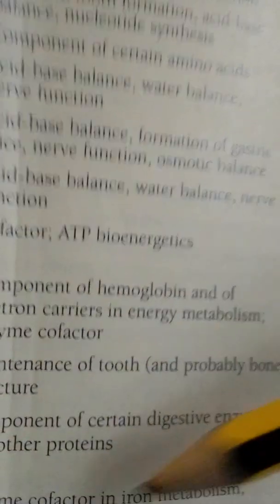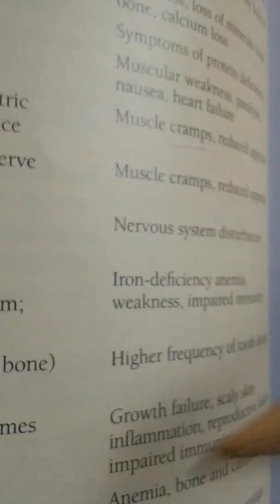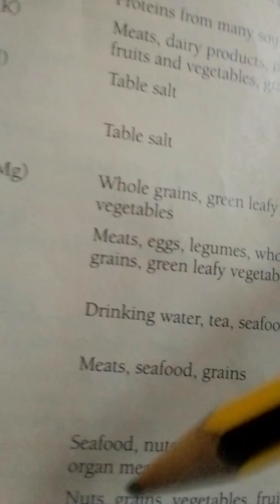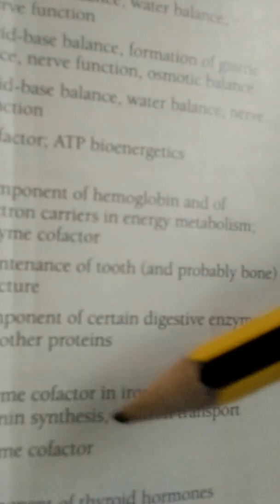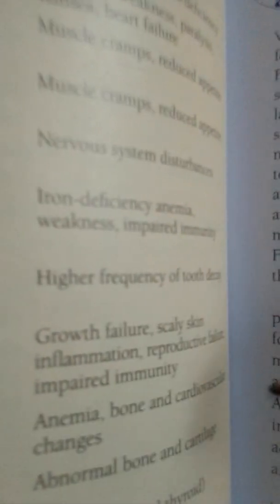Zinc, Zn: meats, seafood, grains. Components of certain digestive enzymes and other proteins. Deficiency: growth failure, scaly skin, inflammation, reproductive failure, impaired immunity. Copper: seafood, nuts, legumes, organ meats. Enzyme cofactor, iron metabolism, melanin synthesis, electron transport. Deficiency: anemia, bone and cardiovascular changes.